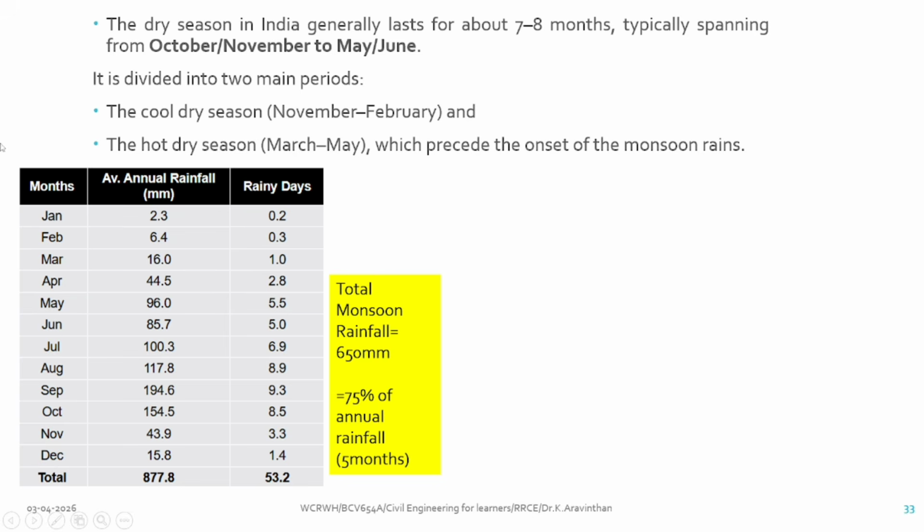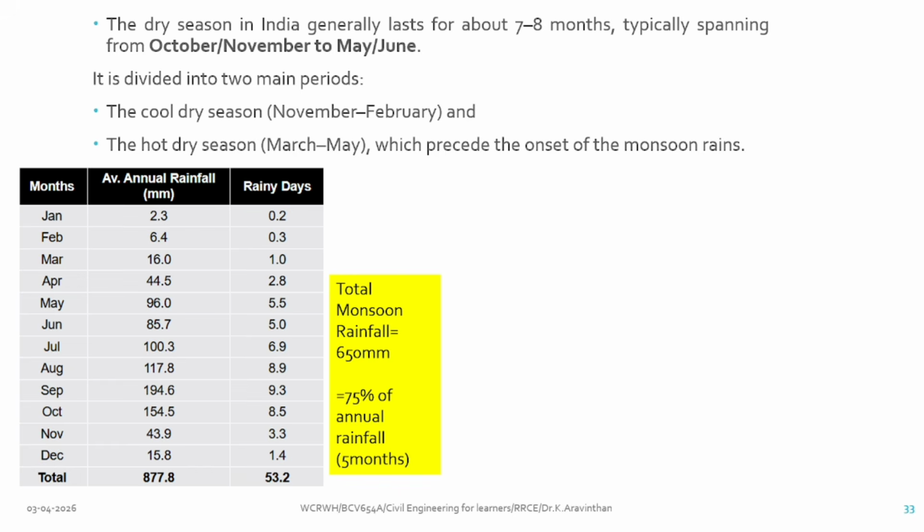Now here there is a table which gives month-wise average rainfall. This is also available from the Indian Meteorological Department, and throughout the year you will have this data for a particular month: what is the amount of rainfall in the particular district. Now you can tabulate this, and the total rainfall available is 877.8 mm.